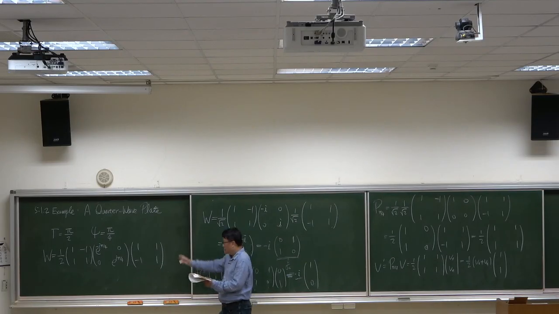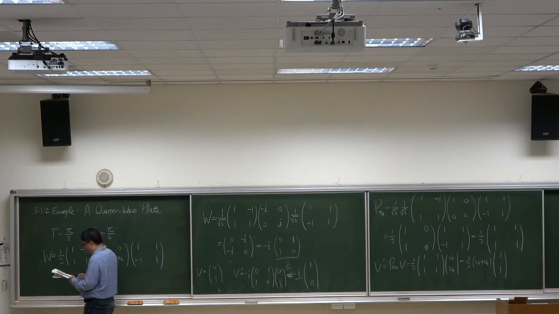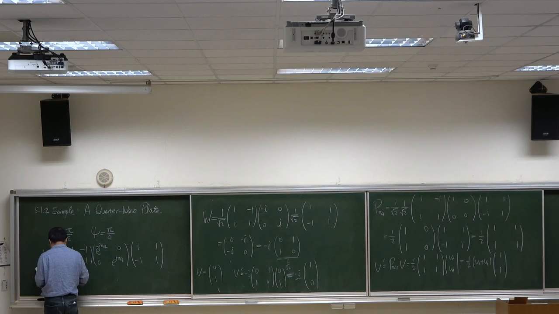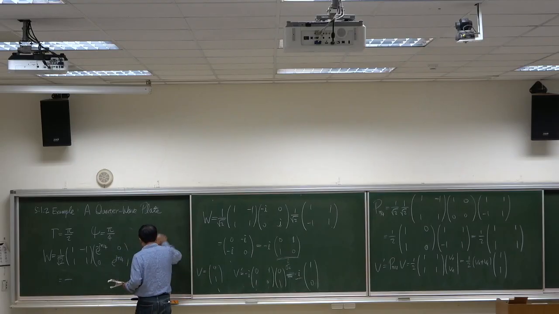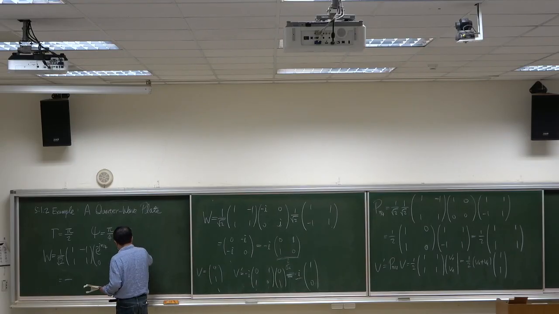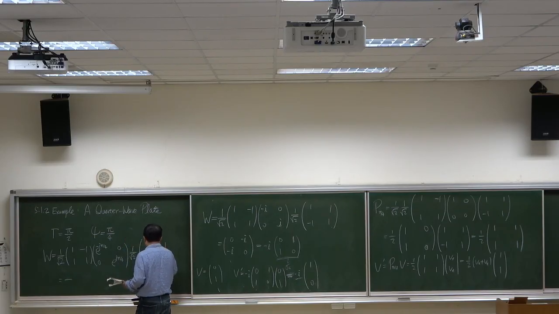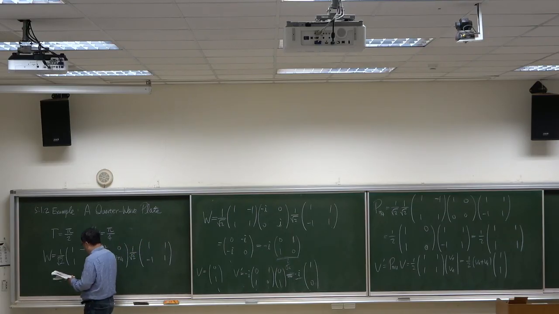Then finally, you multiply the three matrices to get the final result. The final result is this.